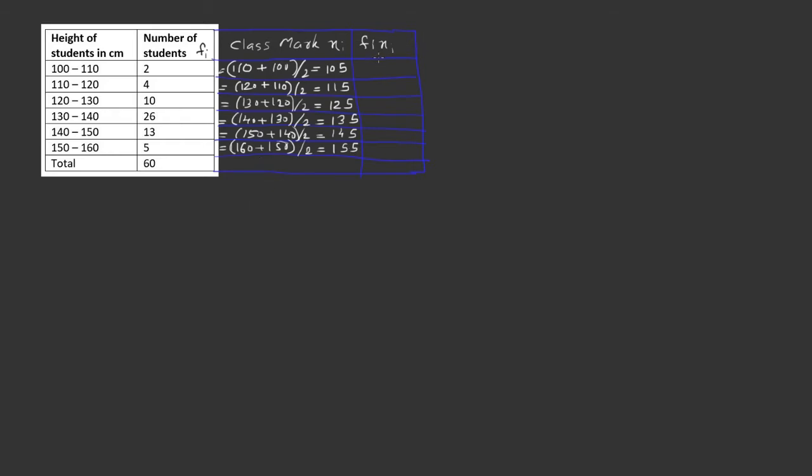Now we need to calculate fi xi. So here xi is 105, fi is 2.